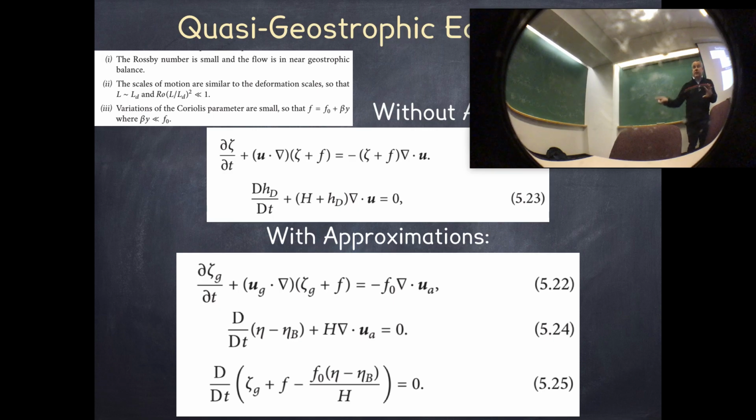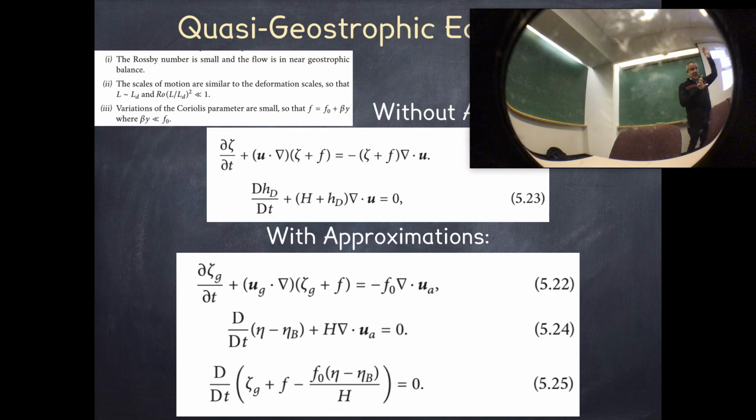It is equivalent to the assumptions we're making about QG building from the shallow water equations. But if you come at it in the continuous system and you're trying to write down QG, you actually have to say most of the surfaces are nearly flat. So we can't have big changes in H. These have to be small compared to this one. That's hidden a little in this approach, but it's there too.